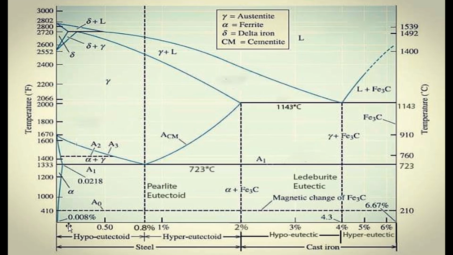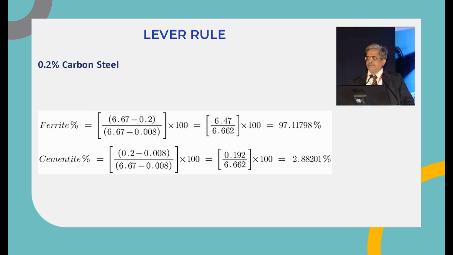Now you can see here, in 0.2% carbon steel, ferrite is equal to the branch opposite to ferrite but touching cementite, that is 6.67 minus 0.2, divided by 6.67 minus 0.008, into 100 is the percentage.